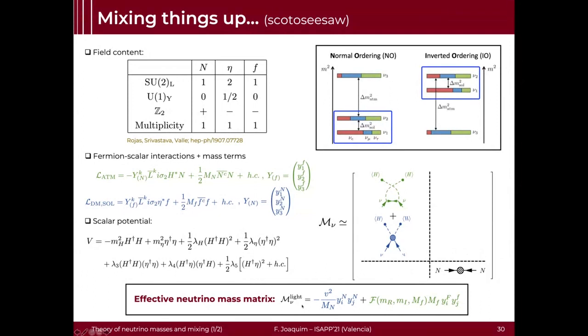So at the end you see that the effective neutrino mass matrix is the sum of two contributions, one coming from the type 1 and one coming from the Scotogenic diagram. If you consider any of them alone, you cannot fit the data, because we know that if you consider one of these contributions only, you will end up with the situation where you have two massless neutrinos.